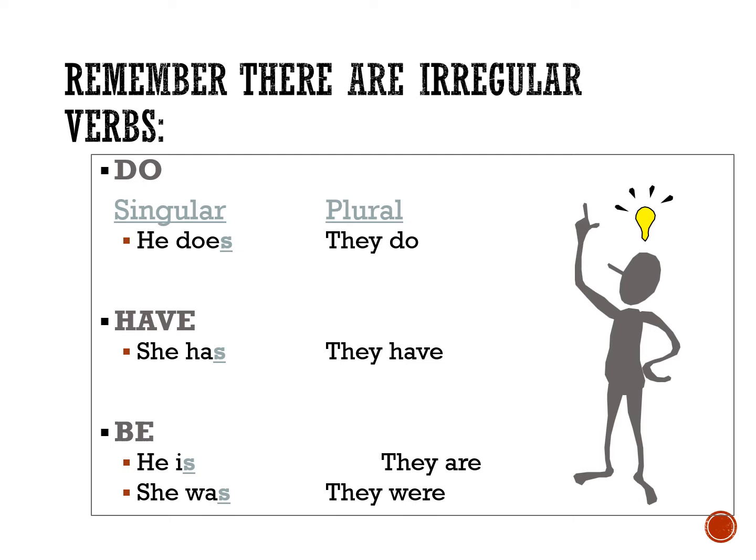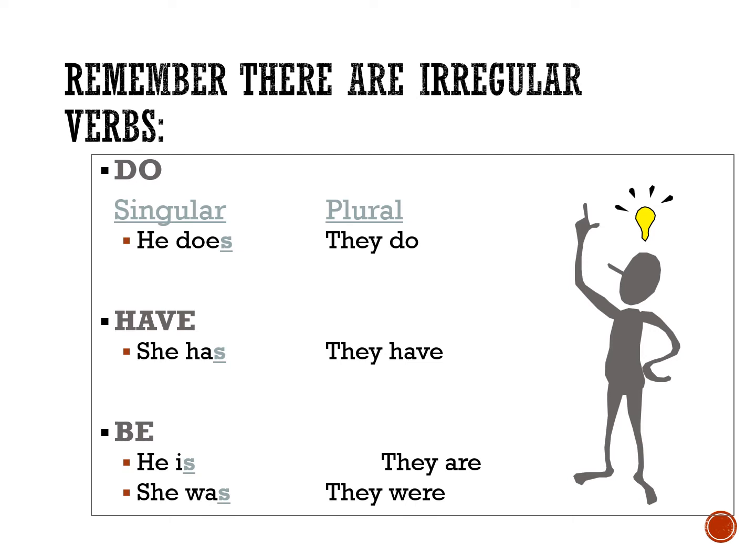And then for have, it will change into has if the subject is singular. For example, she has. For a plural subject, you do not need to change anything. They have. Still have.